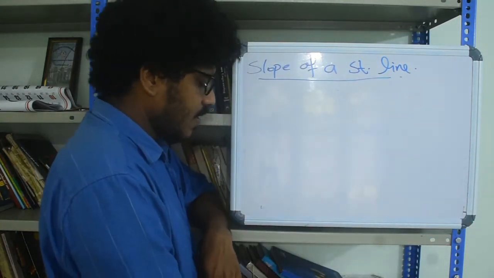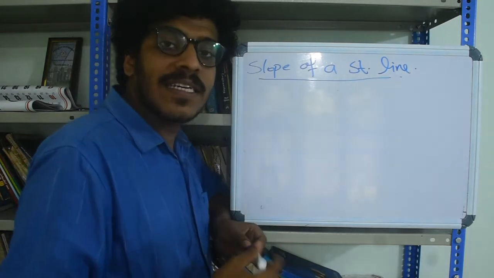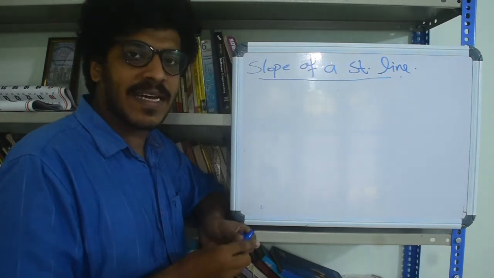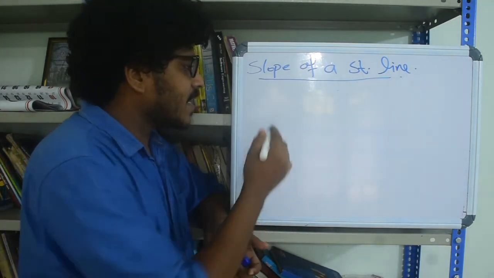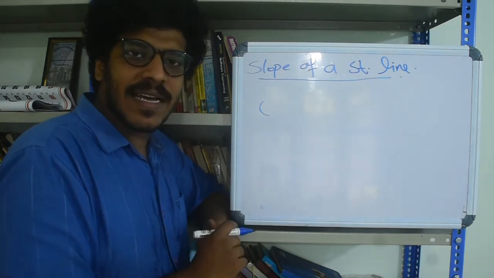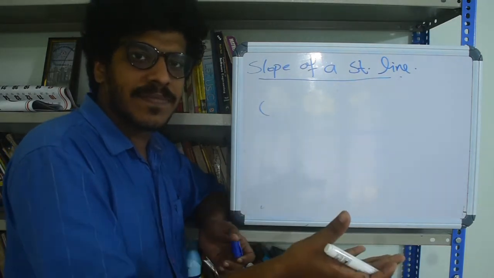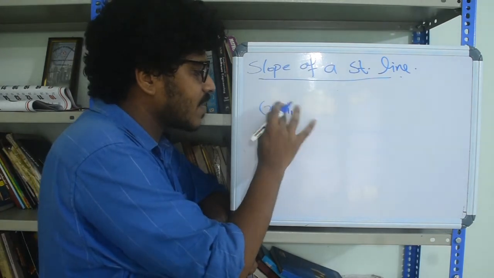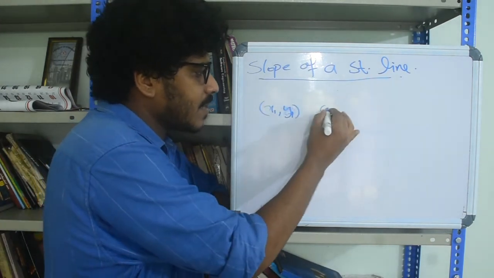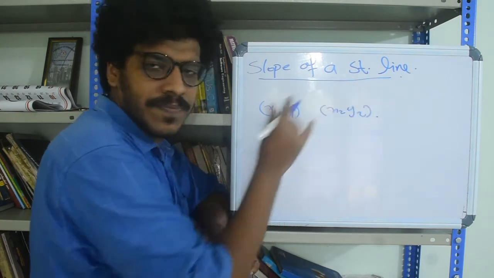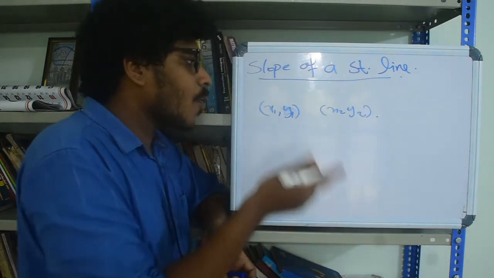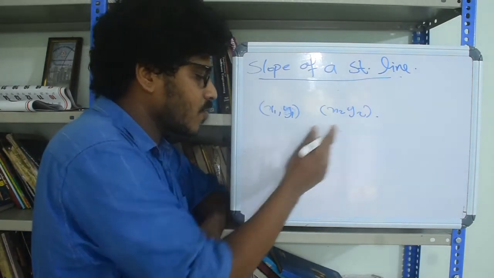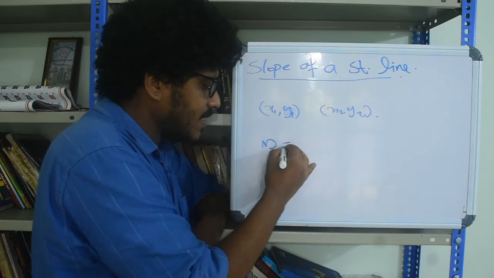Right. So now let's think about a mathematical method to calculate the slope of a straight line. Suppose we have a straight line. We have seen that a straight line can be uniquely identified with 2 points. So suppose we have a straight line passing through 2 points, say (x1, y1) and (x2, y2). Then the slope of this straight line can be calculated as m.